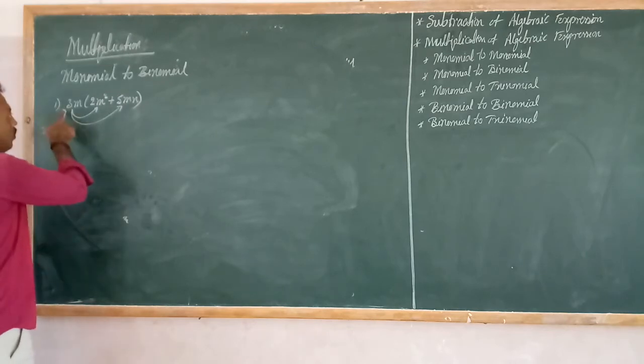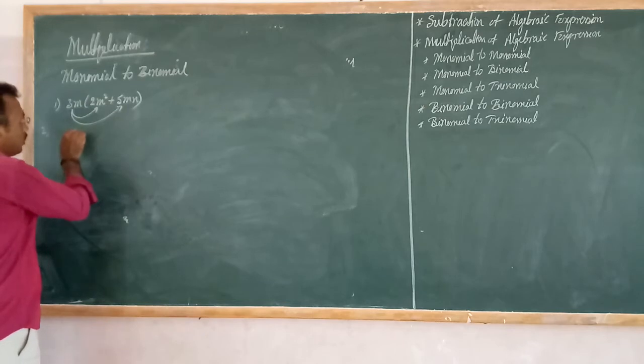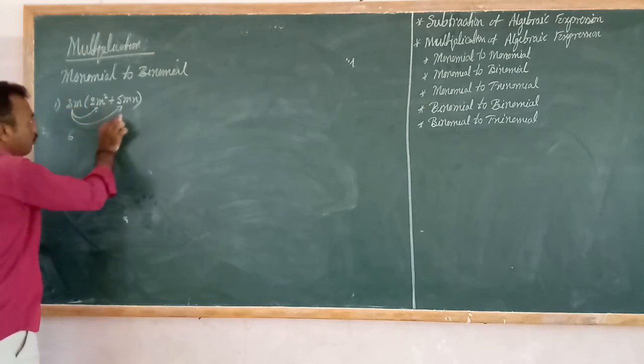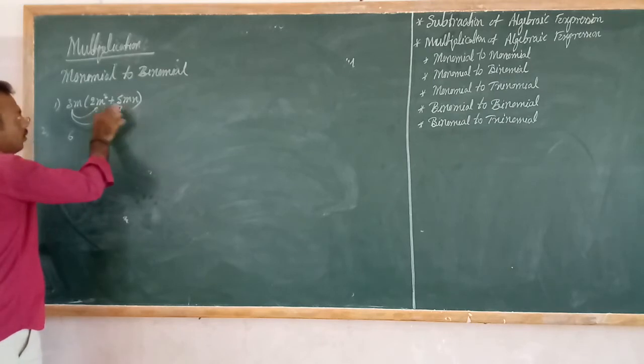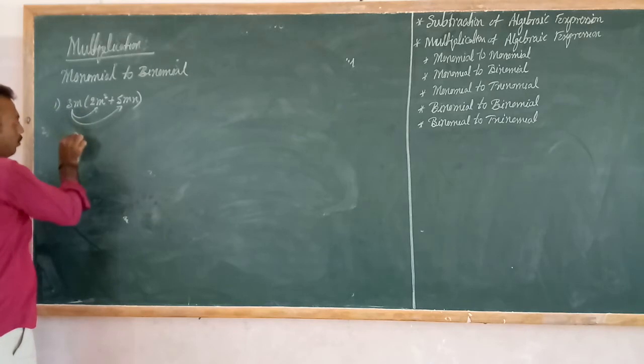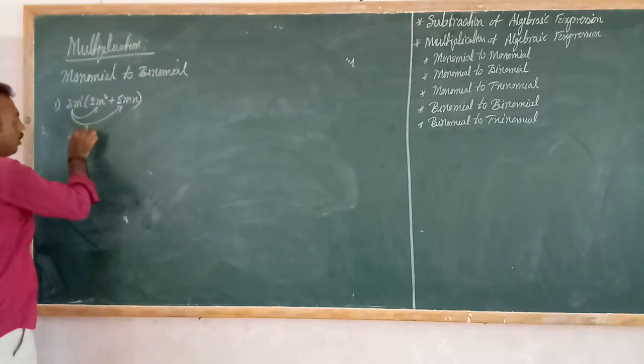Okay, so 3 2s are 6m into m square, 6m square. First we should multiply these two terms and then we should multiply 3m by 5mn. So 3 2s are 6. After that variable multiplication, here m into m square. Here nothing is there, 1 is there. M into m square becomes m cube.